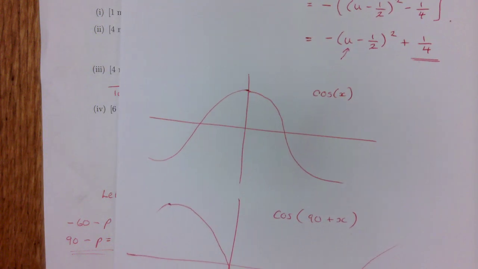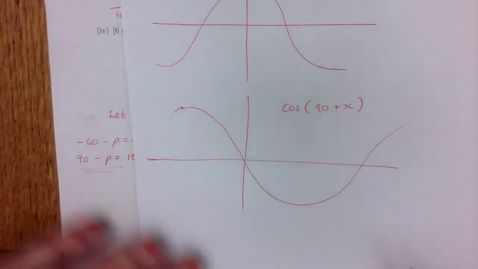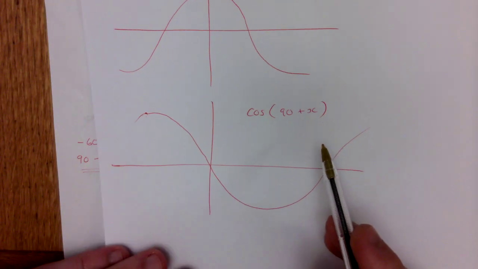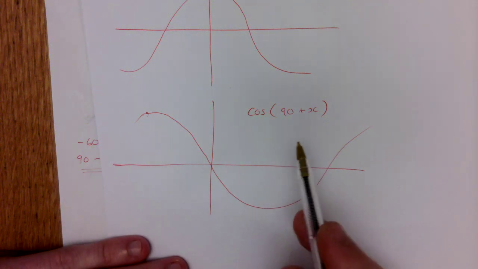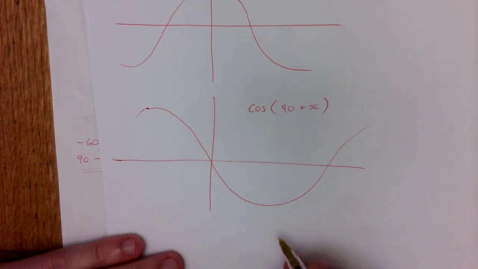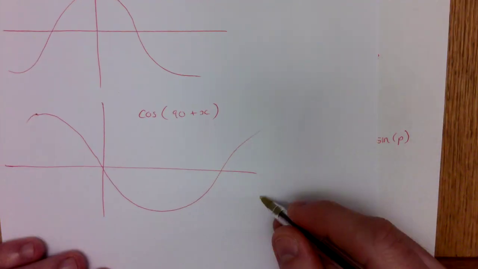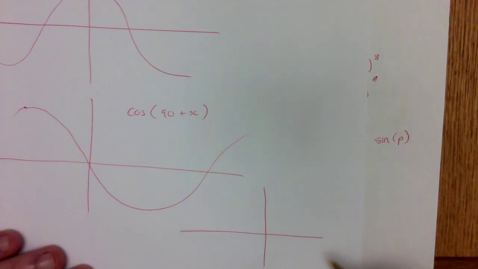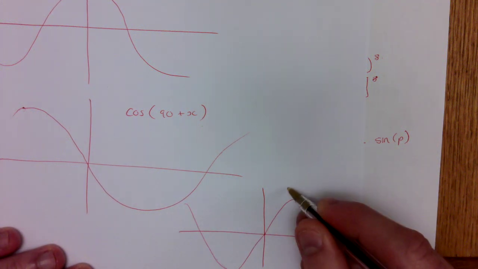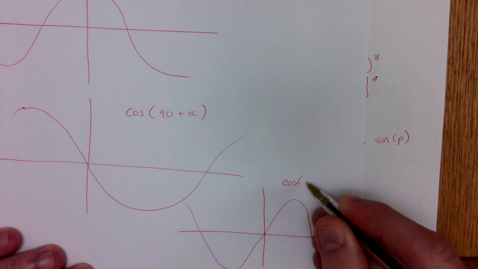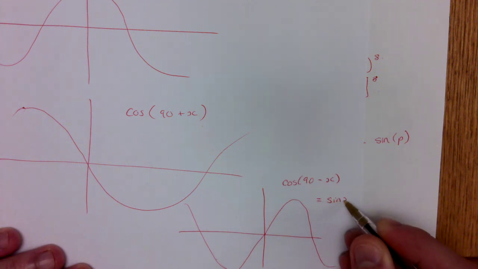And then if I swap x for negative x, that's a reflection in the y-axis, which will end up looking like sine. Okay, if I just do this over here, it's a little bit messy, but it will end up looking like this. Okay, which is cosine of 90 take away x, which is exactly the same as sine x.